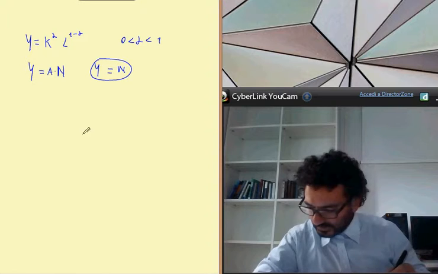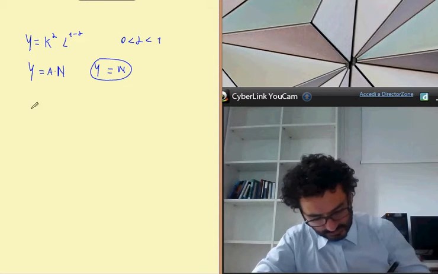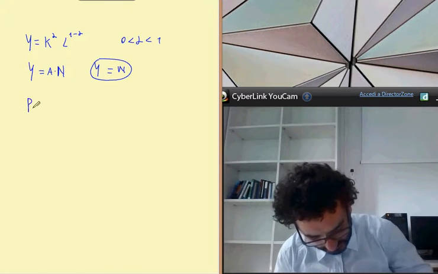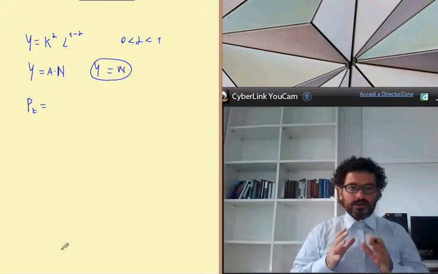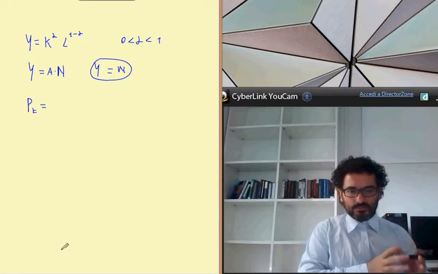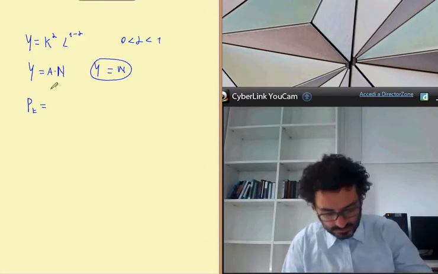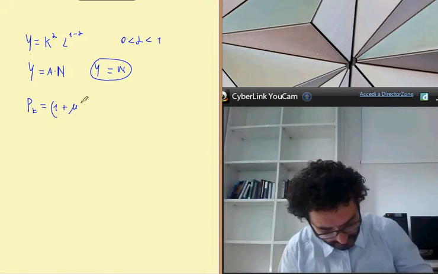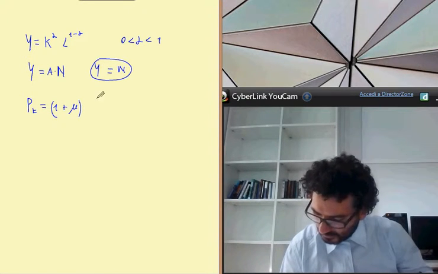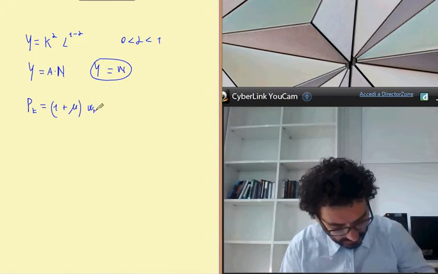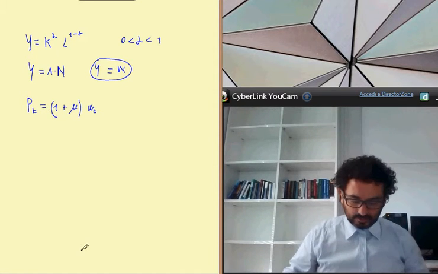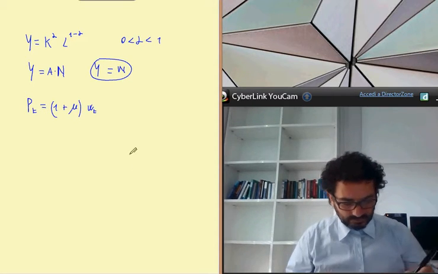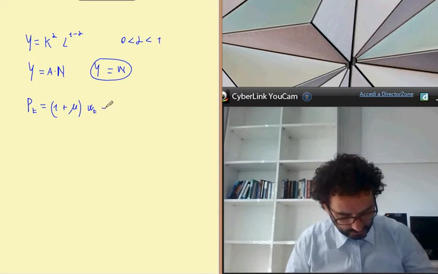In this case, firms will set a level of price according to a markup on the labor cost, which is the nominal wage. Using this equation, we are able to obtain a real wage by dividing both sides by the level of price.